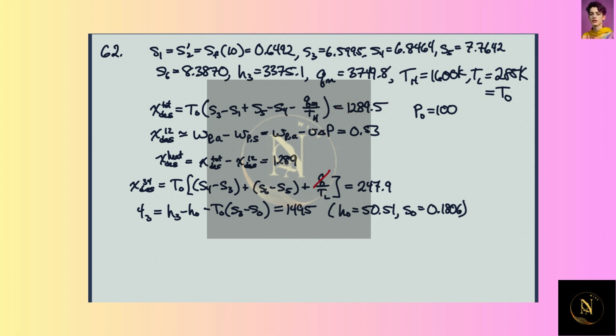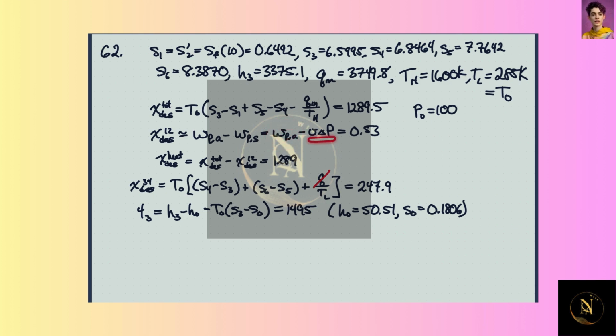Plugging all this in, we get 1,290 kilojoules per kilogram. Now we can estimate the exergy that's destroyed in the pump, because remember, it's not perfectly efficient. So this would be the isentropic work, and this would be the actual work. We found what the actual work was.